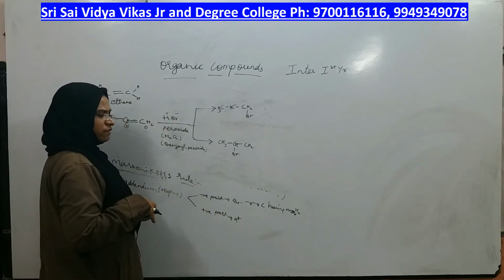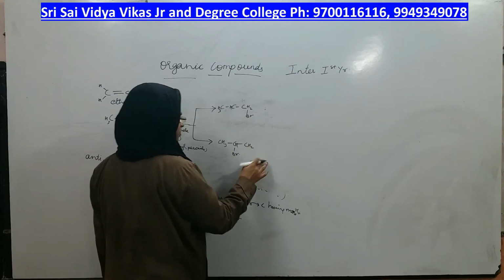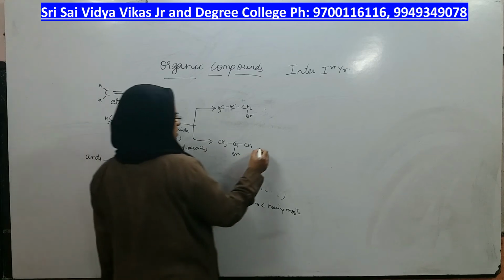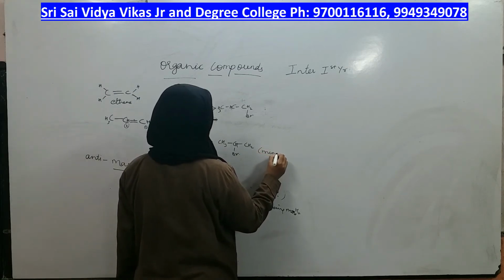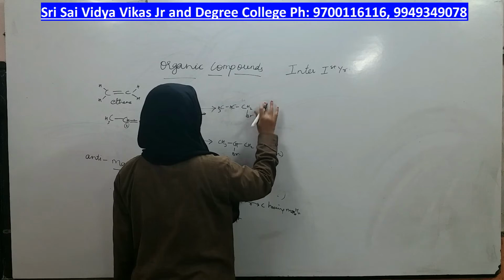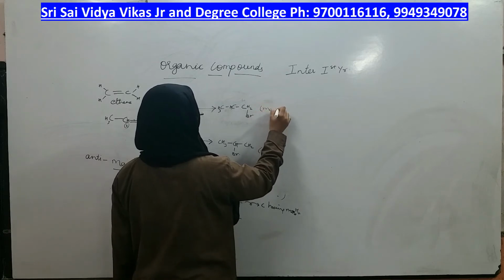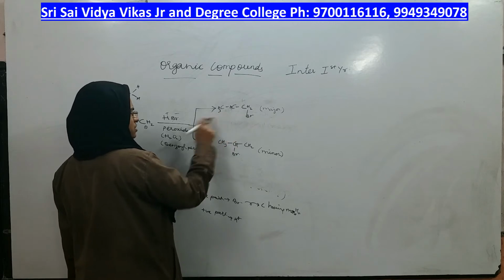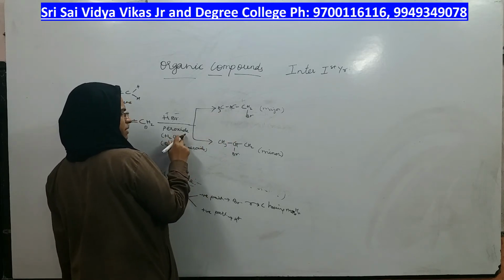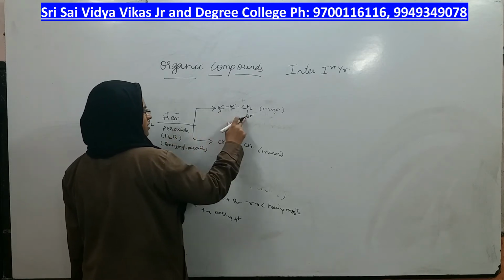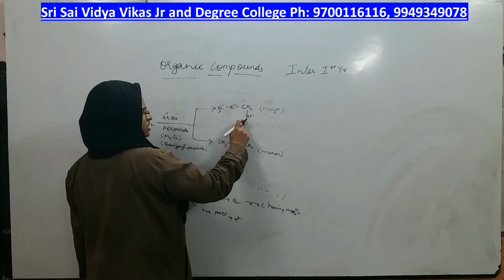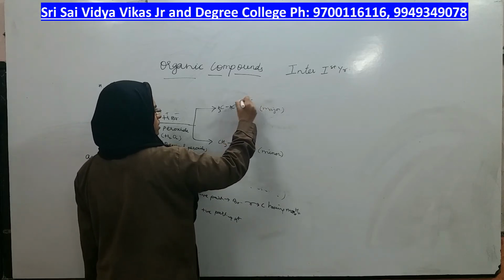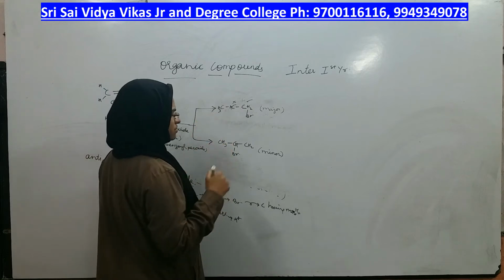For Markovnikov's rule, this product was major, but for anti-Markovnikov's rule, this product becomes minor. Then the product above becomes major. That is anti-Markovnikov's rule, which says that in the presence of peroxide, the negative part of the addendum attaches to the carbon containing more hydrogens, and that is the major product.